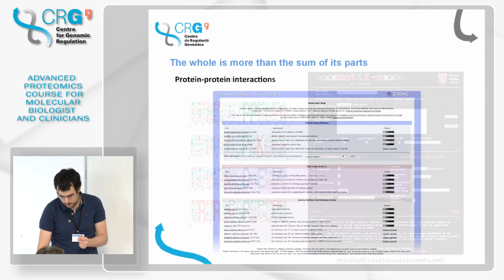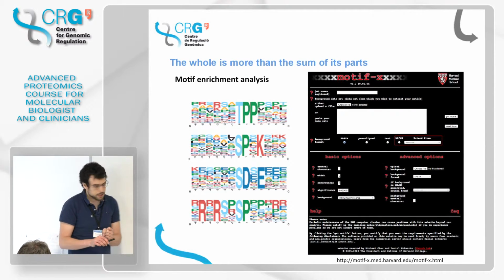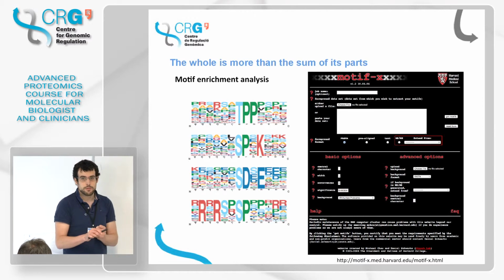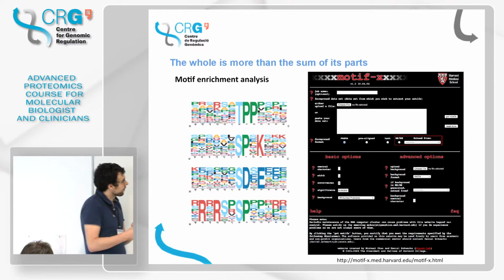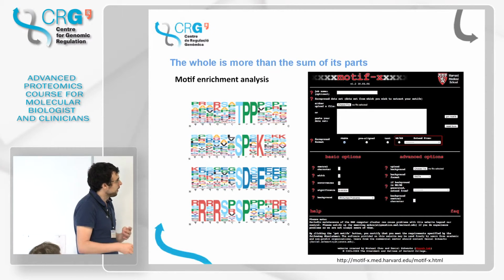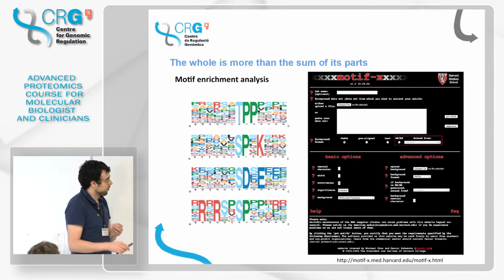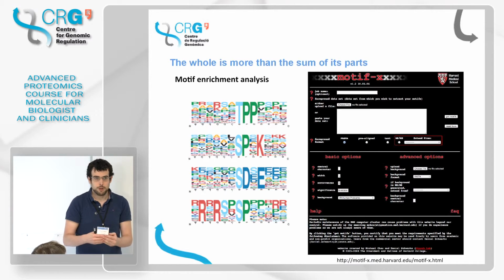And finally, the last thing that I would like to highlight in this type of analysis is the motif enrichment. So we've seen the GO term enrichment, the pathway enrichment, protein-protein interactions, and then this would be the motif enrichment analysis. This is meant for phosphoproteomic analysis.